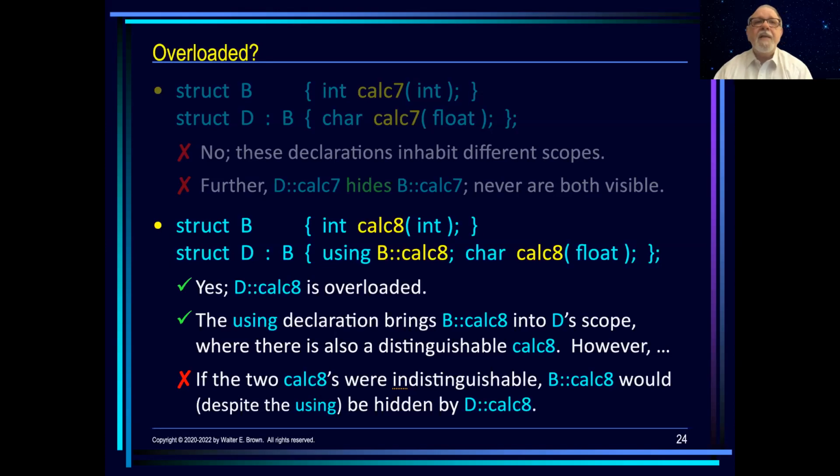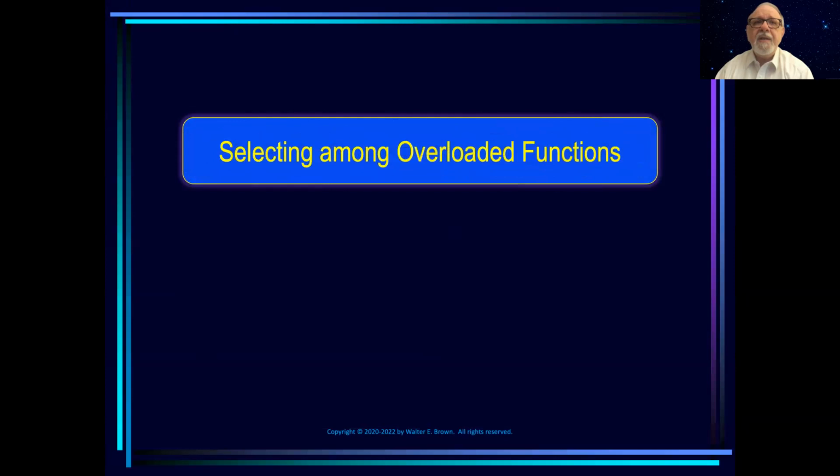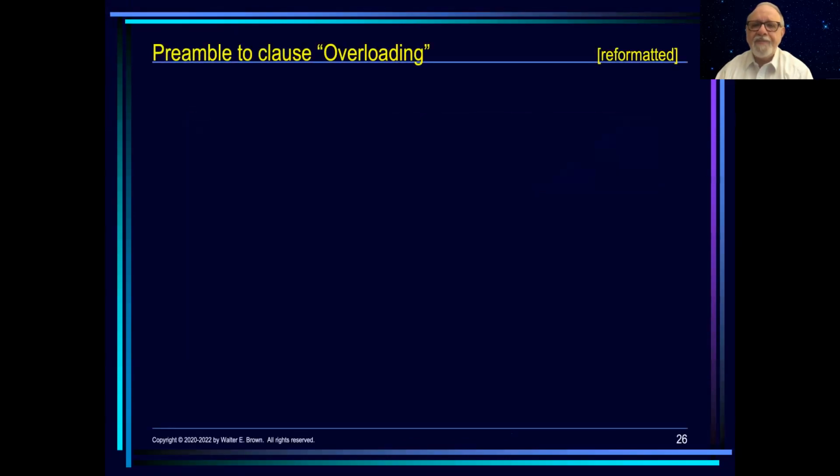All right, let's move on a little bit, and let's consider the notion of selecting among overloaded functions. If we look at the clause in the C++ standard, there's an entire chapter, which we refer to as a clause. It's about 33 pages last time I looked. Very densely written specification of what overloading means.